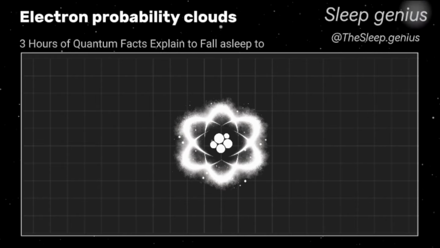Why, then, do these clouds appear so strange? It is not just the fact that electrons behave unlike anything we encounter in daily life, but the very nature of their probability clouds challenges our intuition. The electron does not have a clear, distinct place. It is not something that can be pinned down in a specific way.